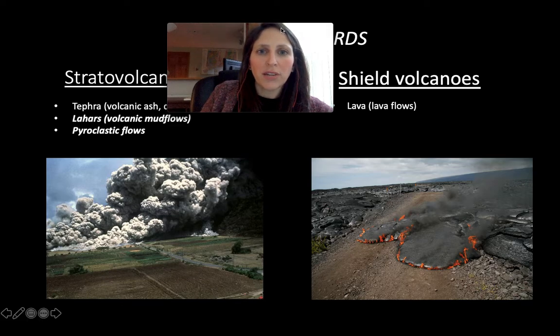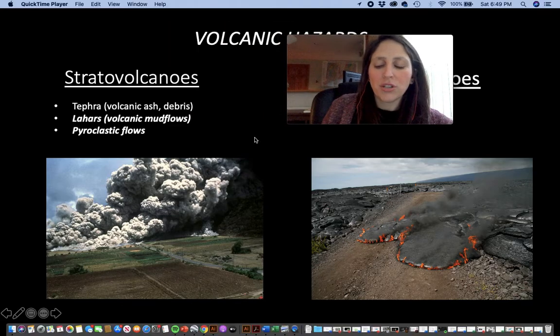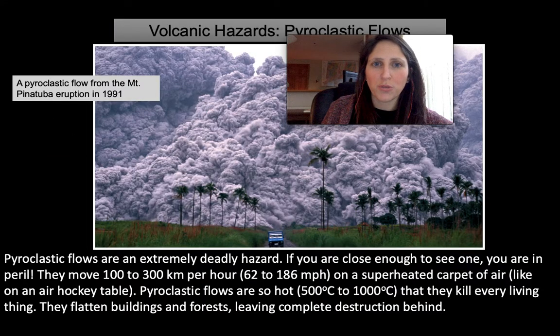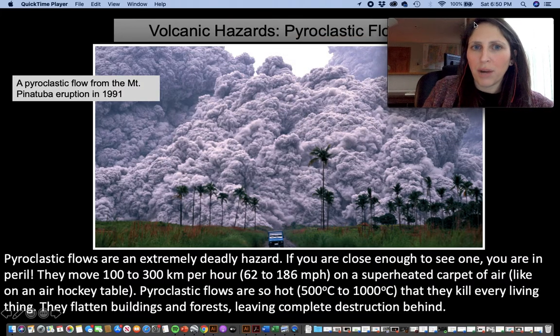The stratovolcanoes are going to produce much different types of hazards. These are going to be our pyroclastic flows, our lahars, volcanic ash, and debris. Things you cannot outrun and things that are much more extensive. Here's a picture of a pyroclastic flow and a car trying to outdrive it, which again, a car can drive pretty fast.